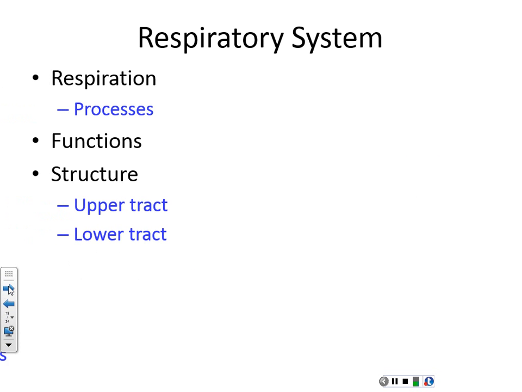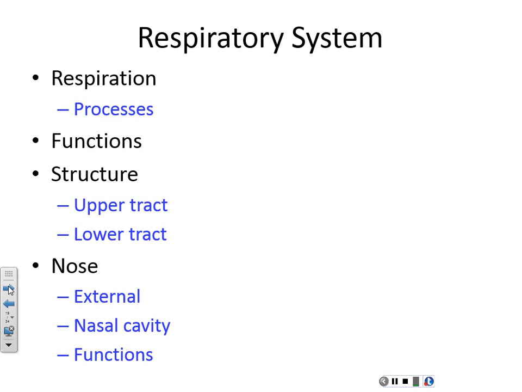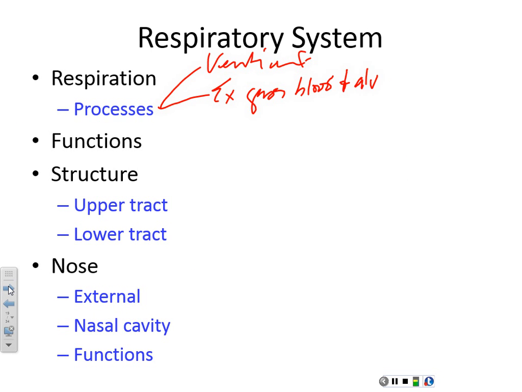Now the third one is the respiratory system. You've got to know the process of respiration, which includes those five things, like ventilation. What else? Exchange of gases between blood and alveoli, or lungs.